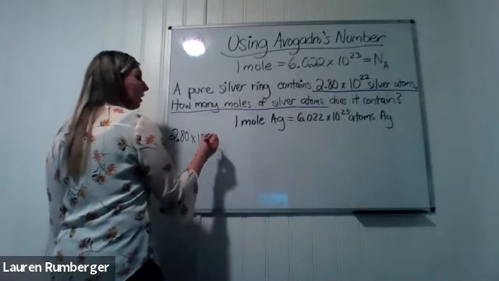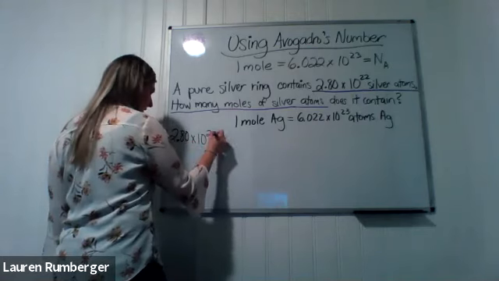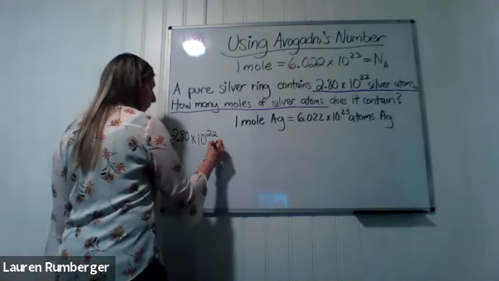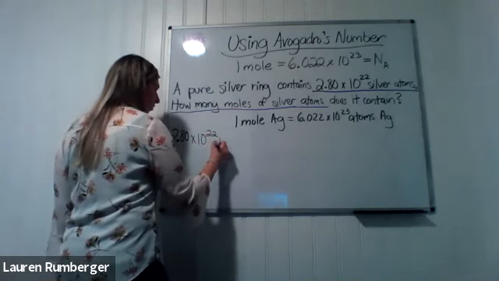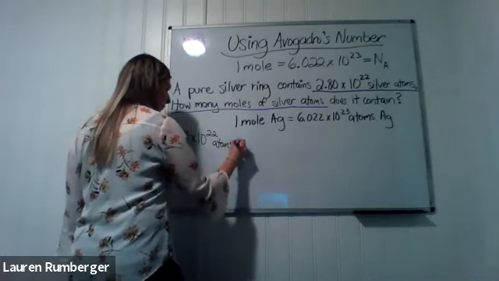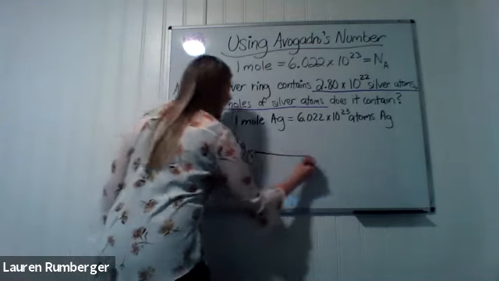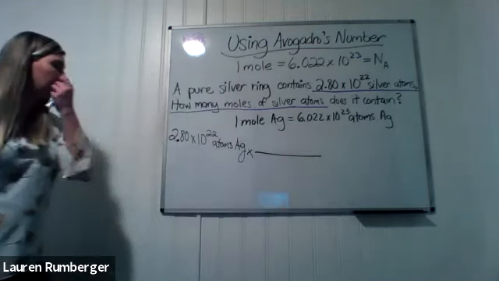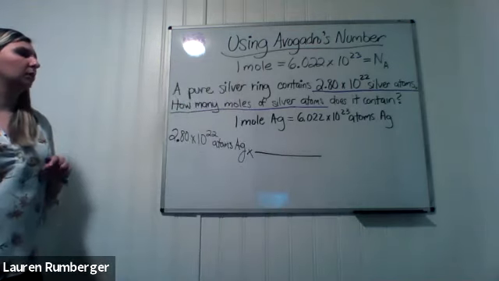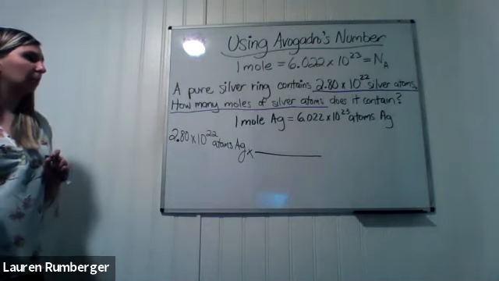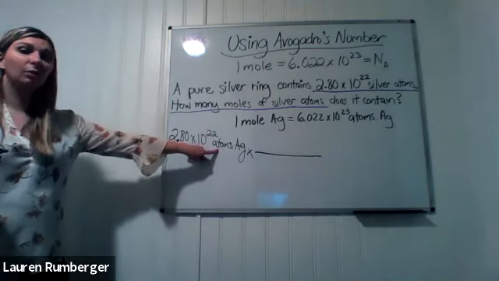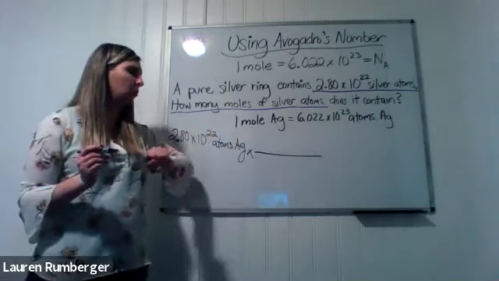2.80 times 10 to the 22nd atoms of silver. Okay. And we're going to convert this to moles of silver using Avogadro's number. So now this time we're starting with atoms and converting to moles.